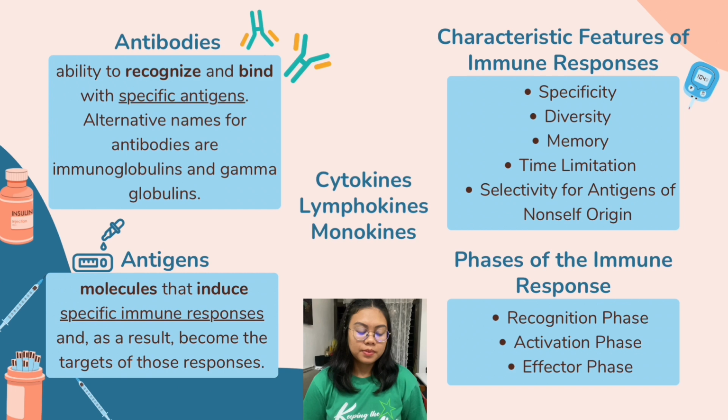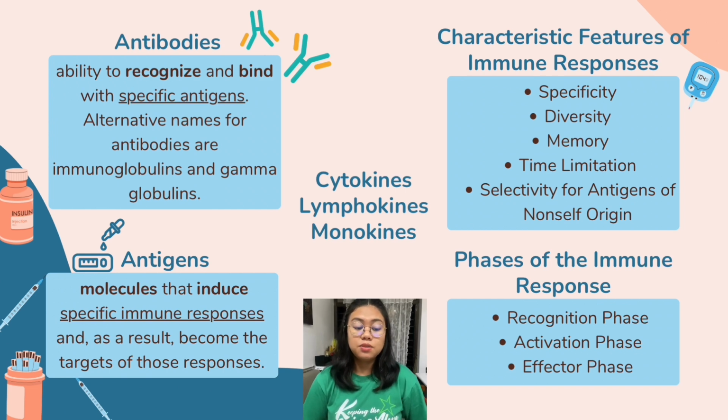The immune response can be viewed as having three main phases: the recognition, activation, and effector phase. The recognition phase occurs when a mature lymphocyte encounters its matching antigen. All specific immune responses begin with antigen recognition by B cells and T cells.